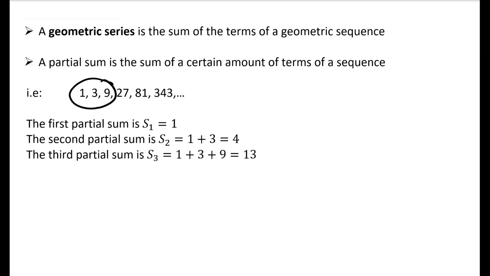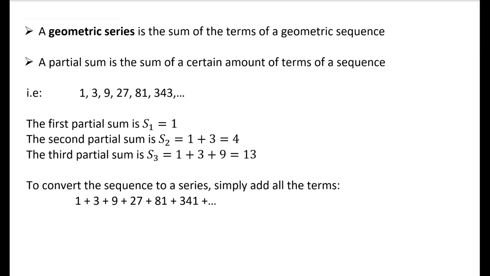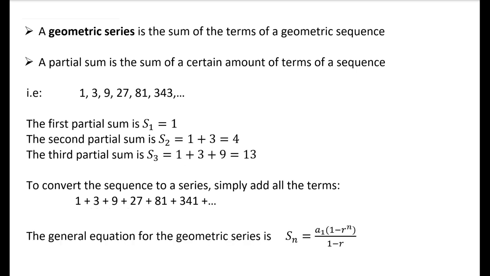So the fourth partial sum, well, in that case, would be adding these 4. So to convert this sequence to a series, you're simply going to add up all the terms in the sequence. So therefore, you just add up all the terms here, and that now becomes a series. All right, so very easy to distinguish between sequence and series.